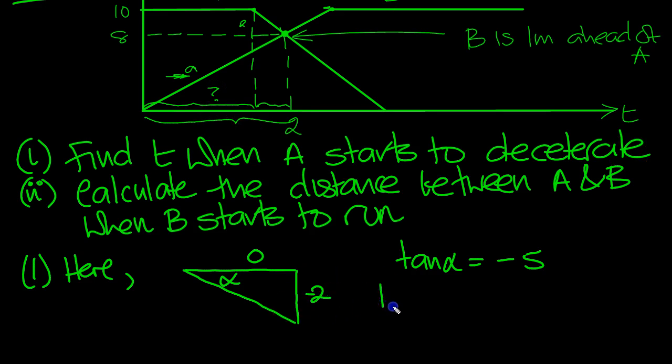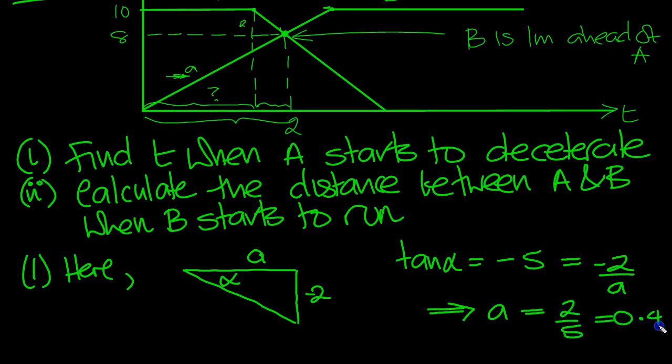So tan alpha equals -5, which equals the opposite, -2, over the adjacent, which I'll call A. So A is equal to 2/5, because the minuses cancel, so it's 0.4.